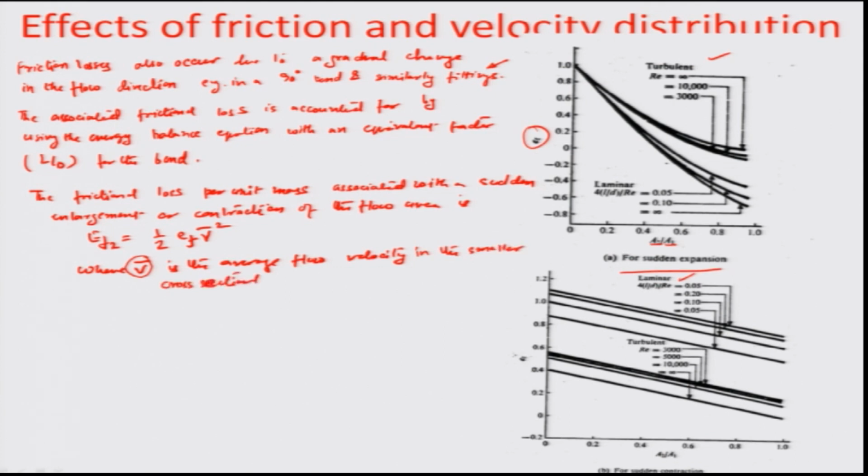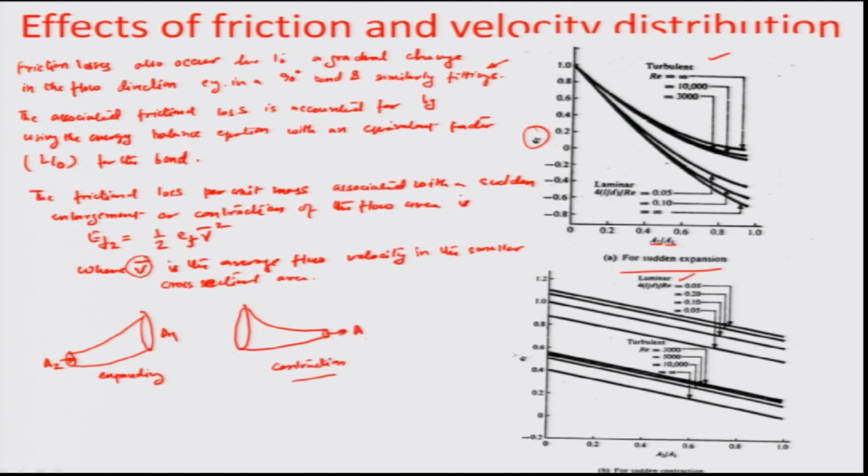Supposing the flow is expanding, let us say like this, where the area is changing from a smaller area A2 to a bigger area A1. So the average velocity would be the entrance velocity to this expanding flow, and for the contracting case, where the flow is coming from a bigger area to a smaller area, it would be the discharge flow that we will be talking about.